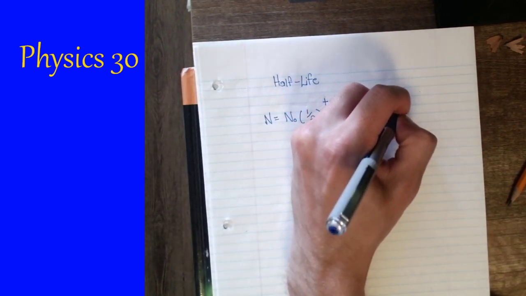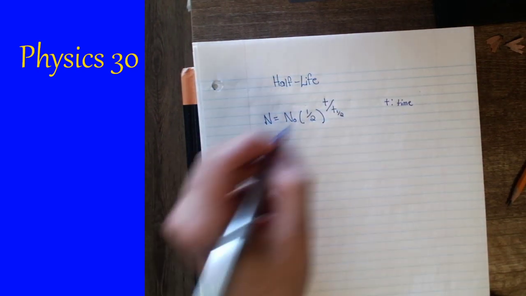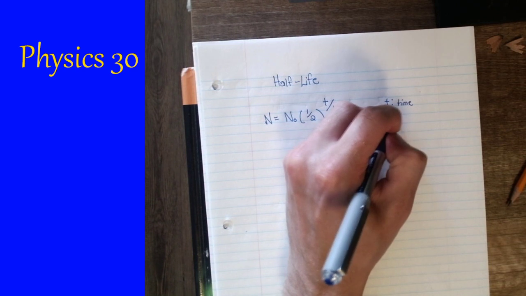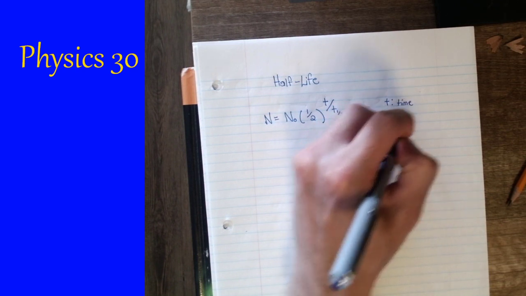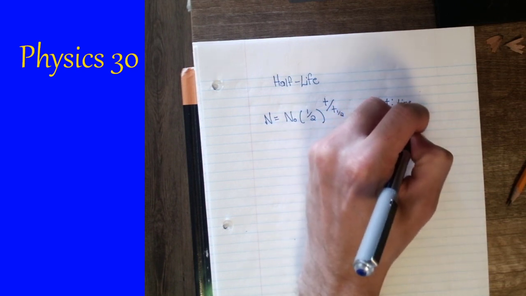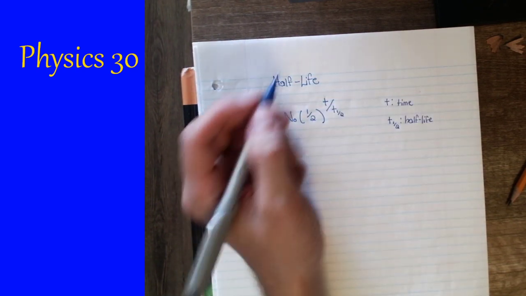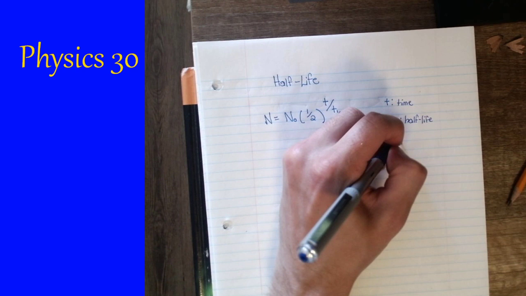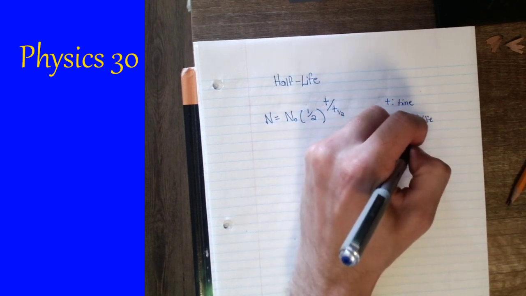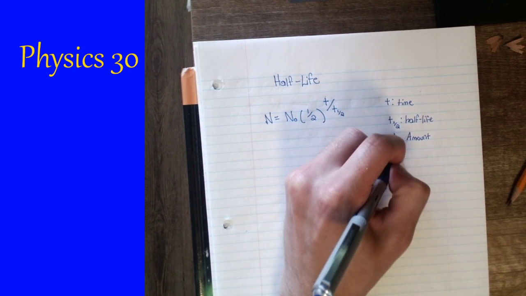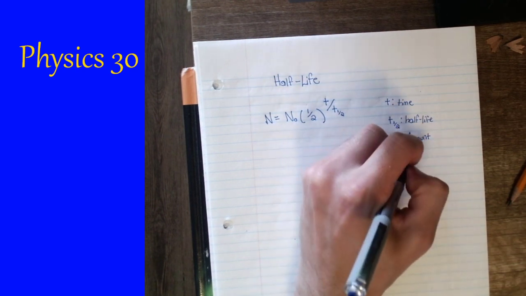T is the time that has passed. T 1/2 is what's referred to as the half-life. N is the amount, and N naught is the original amount.